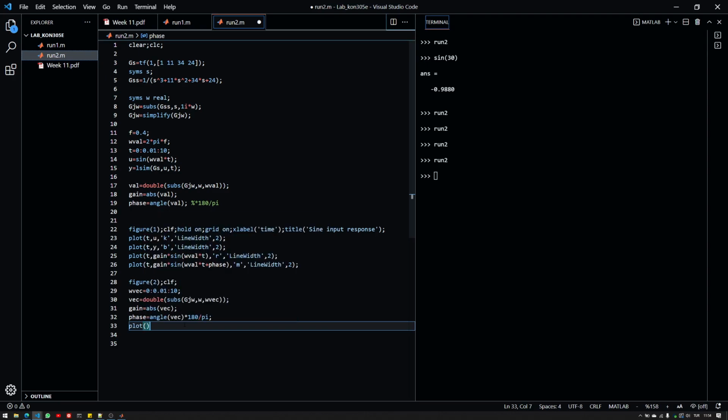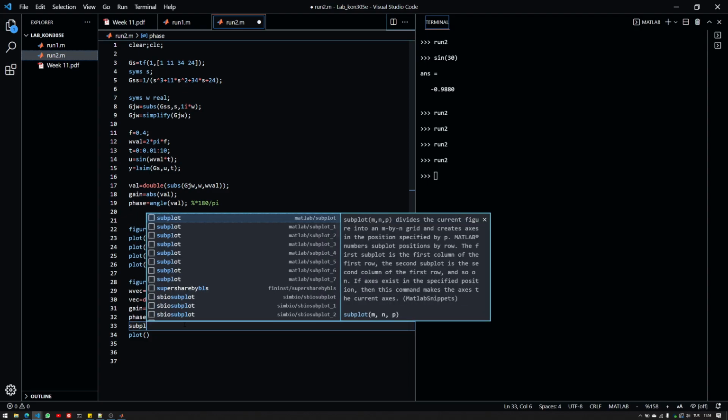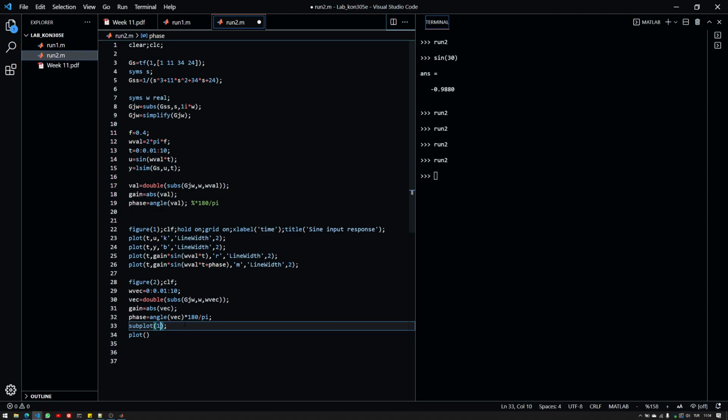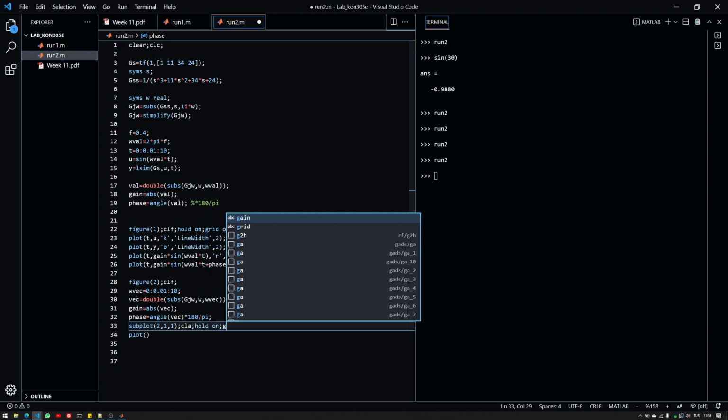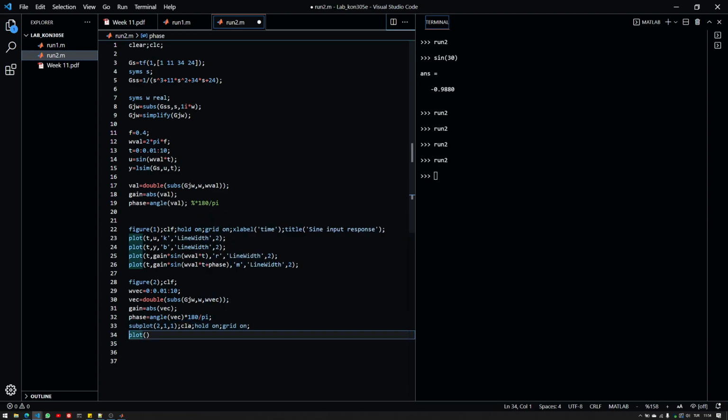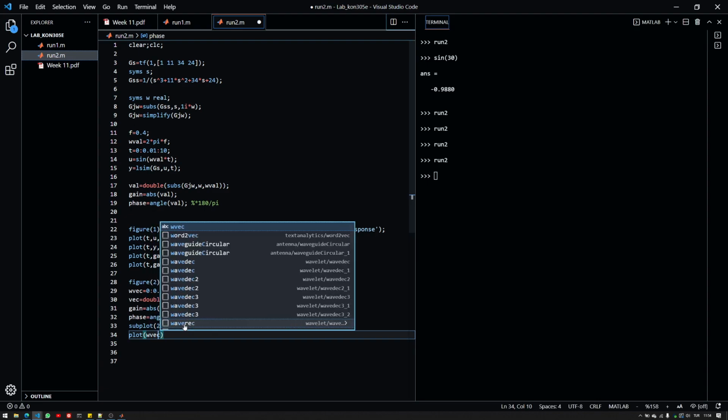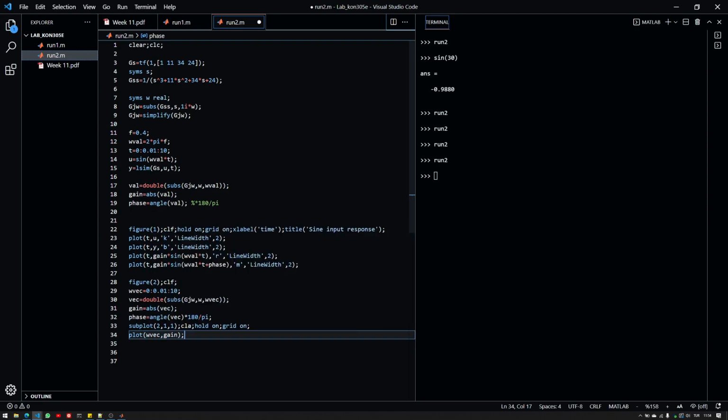And then let's plot. Yeah, we need subplots since we have two different vectors or signals. They have very different scale, so we should use subplot. That's also the reason why the Bode plot has multiple plots, basically. Let's have hold on, grid on. Now let's plot omega vec versus gain with line width 2.